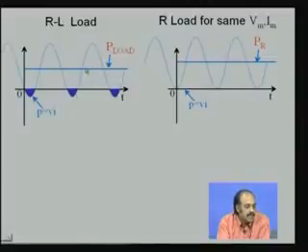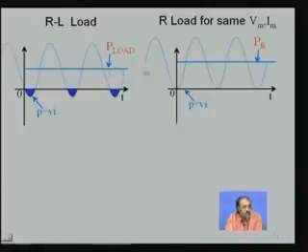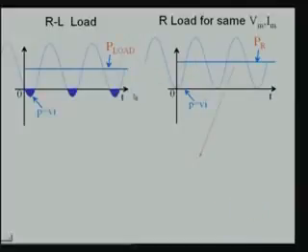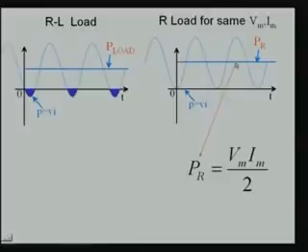So, this area will cancel out the area which is there on the positive side, and therefore, effectively P load is going to be lower than PR. So, let us see what this PR value is for a sinusoidal wave. We know that this peak value in the case of the R load is Vm into Im, half of it is Vm Im by 2. Therefore, PR is nothing but Vm Im by 2.